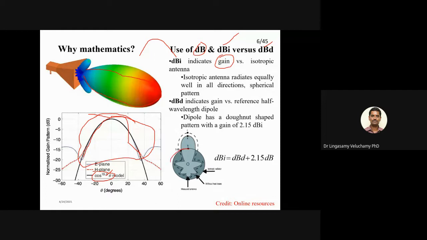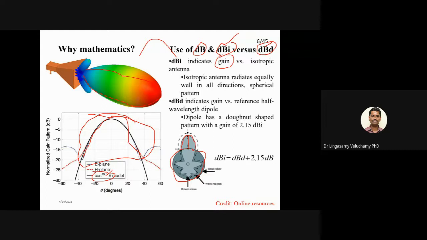Because either the reference parameter is an isotropic source, then you will call it dBi, or it can be a dipole source. Okay, then see here it is a relative parameter. The difference between A and B is the gain. So how much power I am given for how much power it required to obtain this gain.